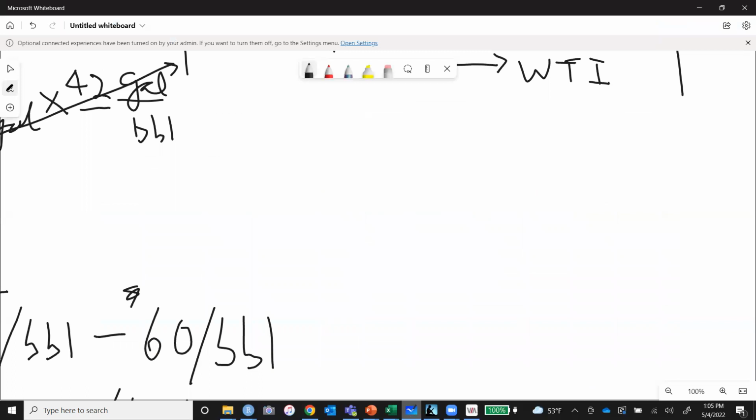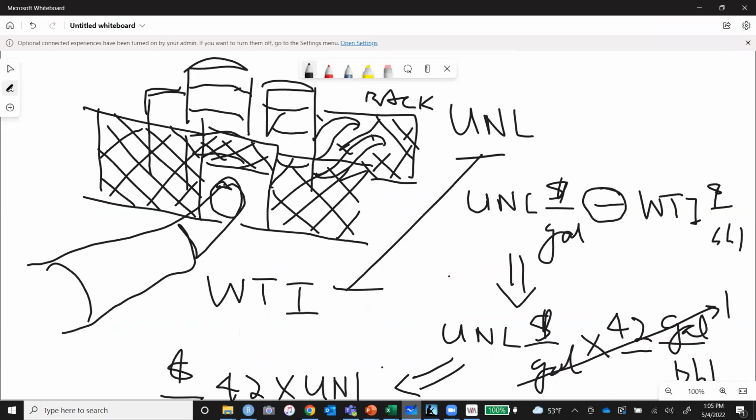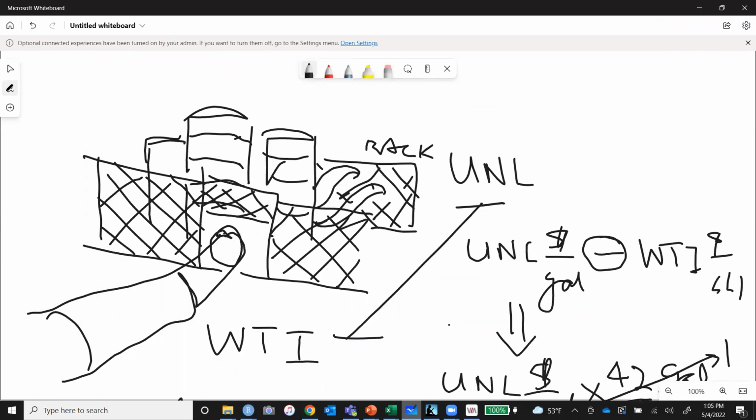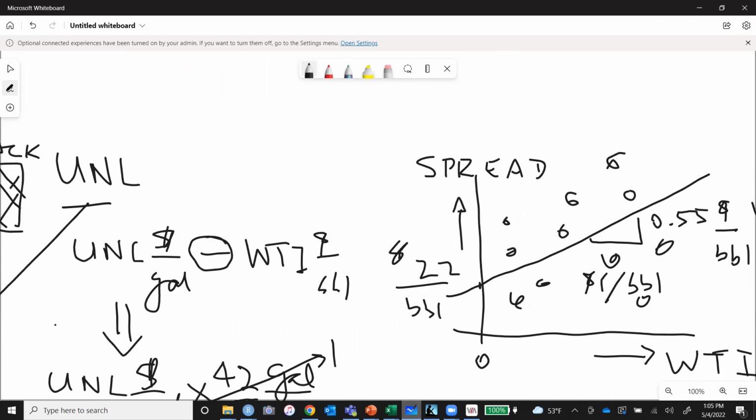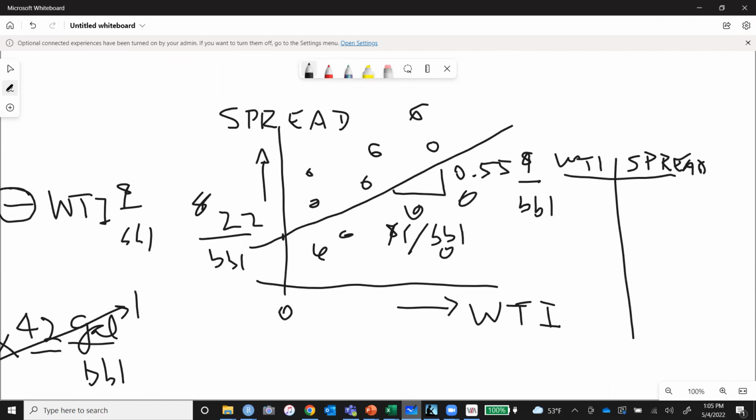All right, now getting back to this, where the heck were we? Well, there's a refinery, there's the spread, there's the conversion of gallons to barrels. Here we are, $22 and 0.55.